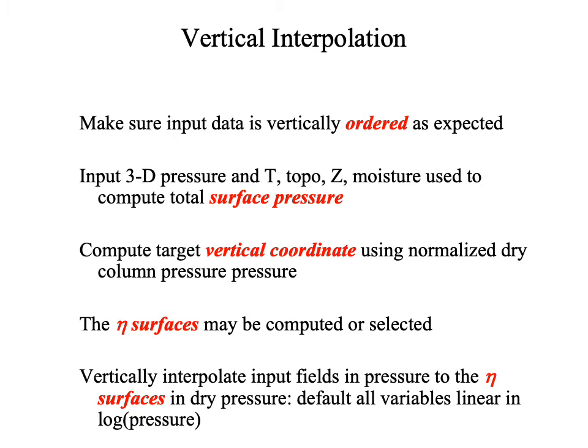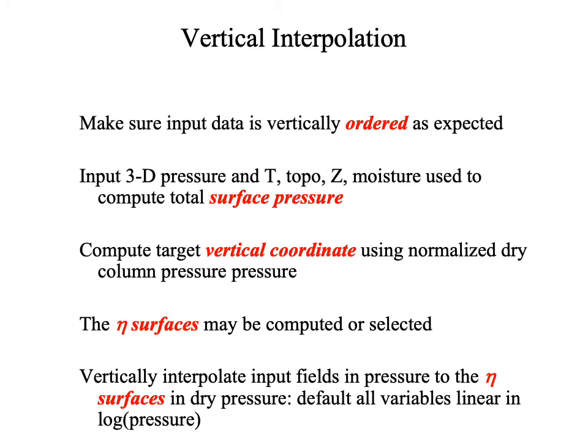Because the fields inside of the WRF model, the eta surfaces, are a function of normalized pressure, all of the vertical interpolations inside of the real program are done in pressure space. So to compute the interpolation for pressure, we need to be able to compute what the surface pressure is going to be in the WRF model.